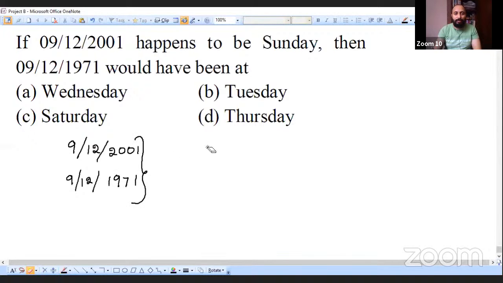Subtract these 2 years, how many years are we getting? 30 years, excluding these two. So 30 years means how many leap years and how many full years?